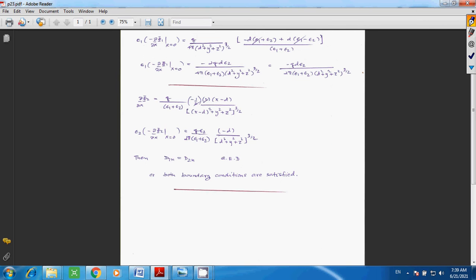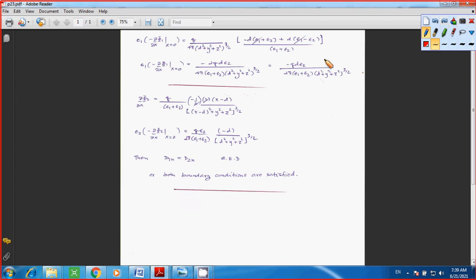And so you have D in 1, and for D in 2 you have this term. This shows that both boundary conditions are satisfied, because these two terms are equal. Okay? This is negative q or d epsilon 2 divided by 2 pi epsilon 1 plus epsilon 2 and multiplied by d squared plus y squared plus z squared.